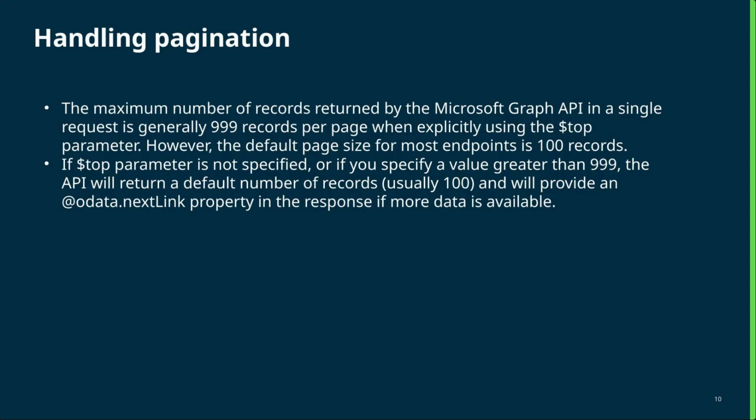There are some limitations to this. Whenever you query this Graph API, by default it will return only 999 records, and that is the maximum as well. If you want to paginate, you need to follow a different approach, which we'll discuss in the next slide.